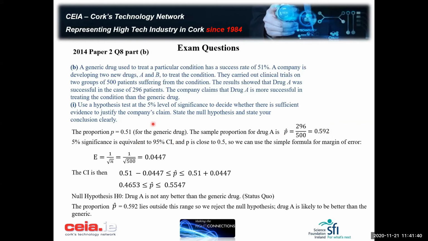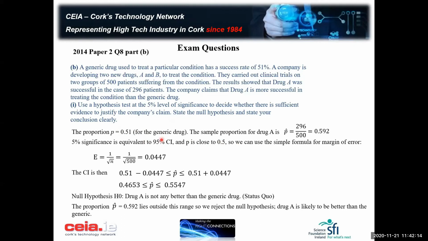Now, they ask us to use a hypothesis test at 5% level of significance to say whether there's sufficient evidence to justify the claim that it is successful. So 5% level of significance is the same as a 95% confidence interval. And p is close to 0.5. The p is 0.51 in this case.